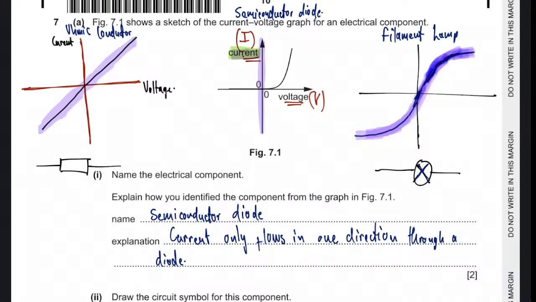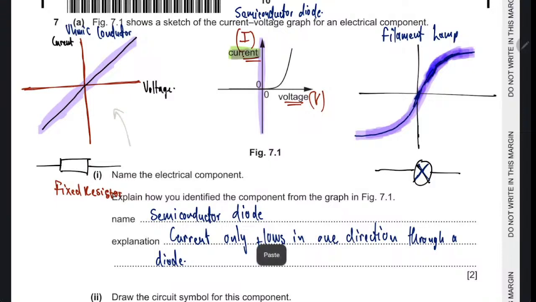For an ohmic resistor or a fixed resistor, resistance is constant. So the shape is a straight line through the origin because the current is proportional to voltage here. Because resistance is the same.